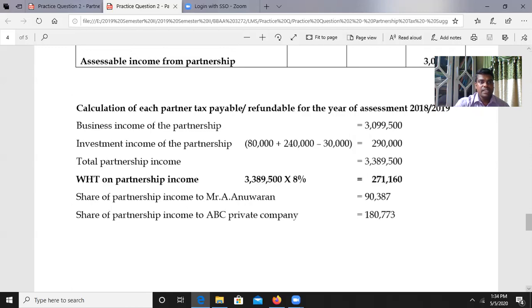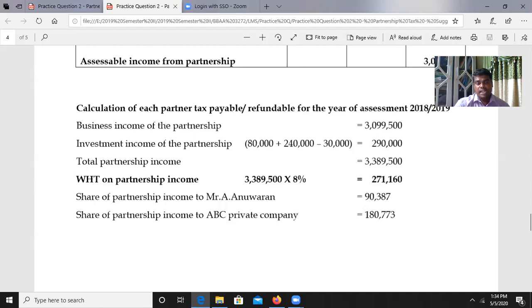Here you can see that business income of the partnership, which is 3,099,500 plus investment income of the partnership. That means I already said that under the other income, we already discussed interest income and rent income.